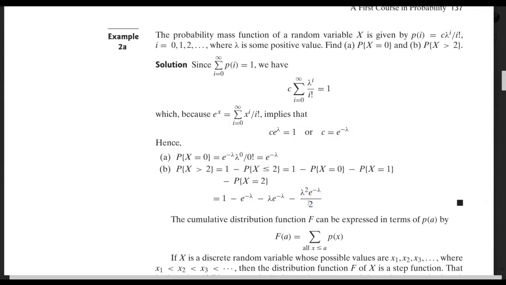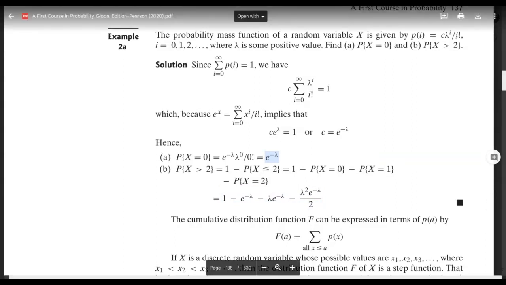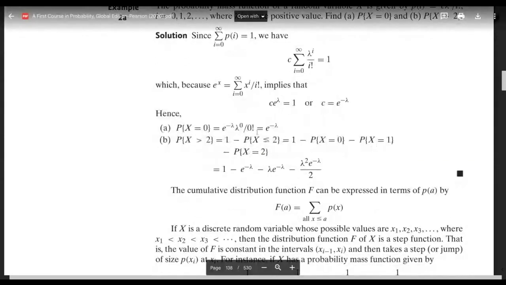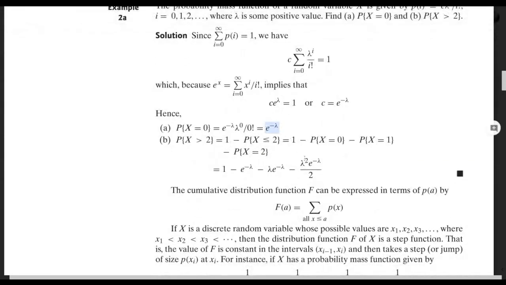Let's look at this. So you see, what do we get? We get a function in terms of lambda. So the probability is a function in terms of lambda. Whatever lambda is, once it is defined, the probability becomes a value. It depends on the lambda.